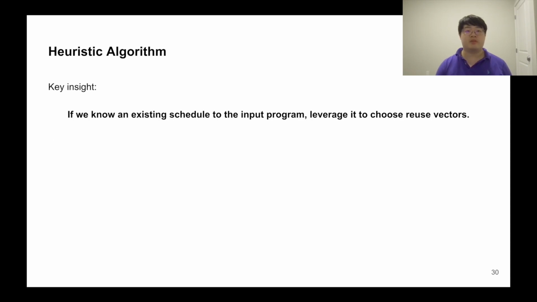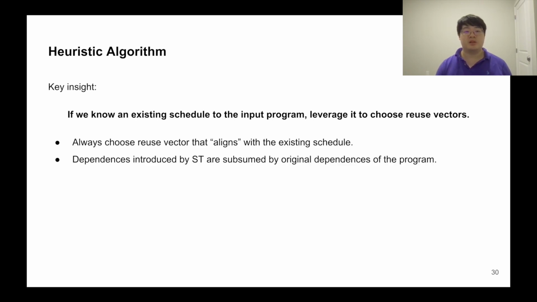One contribution of our paper is that we present a heuristic algorithm to practically solve the simplifying dependent reduction problem. The key insight of the heuristic is that we can leverage an existing schedule to the unoptimized original program and use that schedule to guide the process of choosing reuse vectors for ST applications.